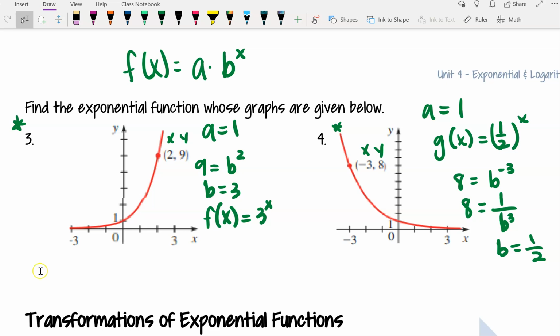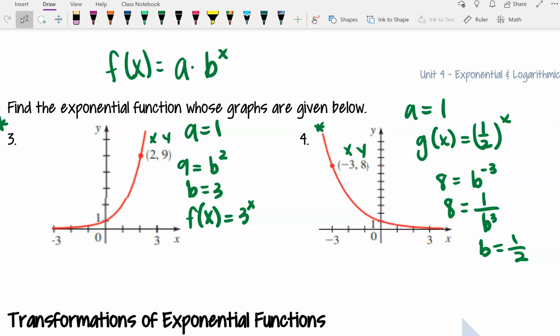All right, so for 3 and 4, for 3, you should get your function is equal to 3 to the x. For 4, you should get that your function is equal to 1/2 to the x. This one was a little tricky because you had to think about what raised to a negative number would give you a whole number.